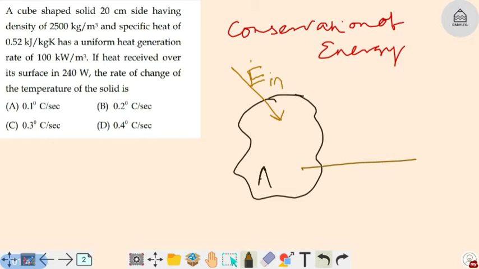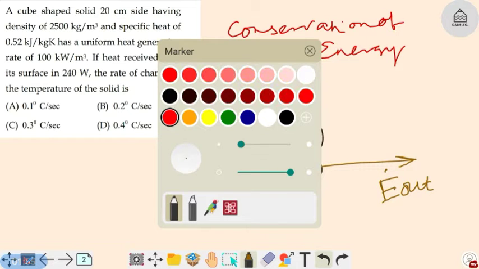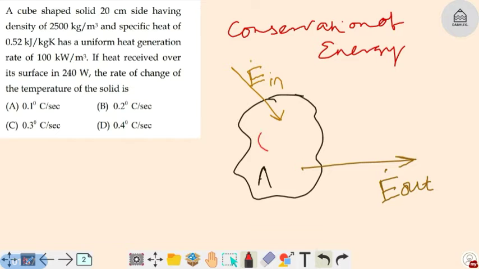Some heat is going out of the surface, let's suppose that is E out. And some heat is being generated in the body. So this is E generation.